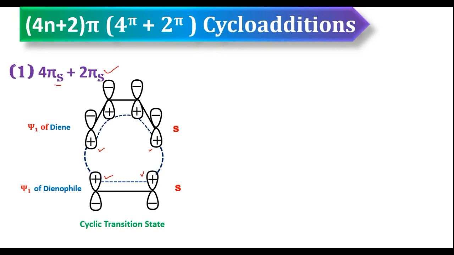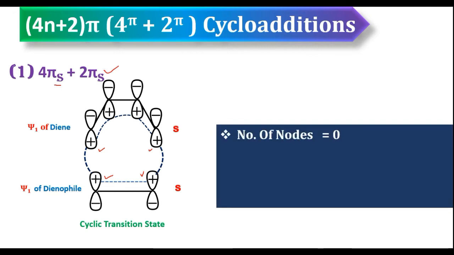There is no plus-minus connection, that's why the number of nodes is 0. When the number of nodes is 0, that system is called a Huckel system. Which type of cycloaddition does the pi system belong to? How many pi electrons are there? 6 pi electrons.